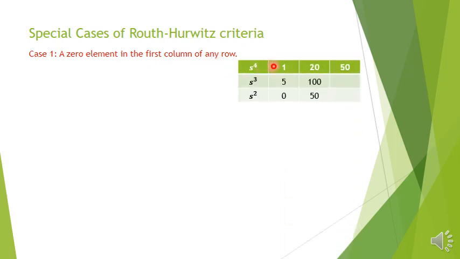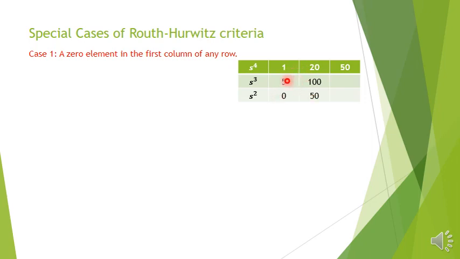For example, the S4 row is 1, 20, 50, and S3 is 5, 100, and while calculating S square, 5 into 20, 100 minus 1 into 100, 100. So 100 minus 100 becomes 0.